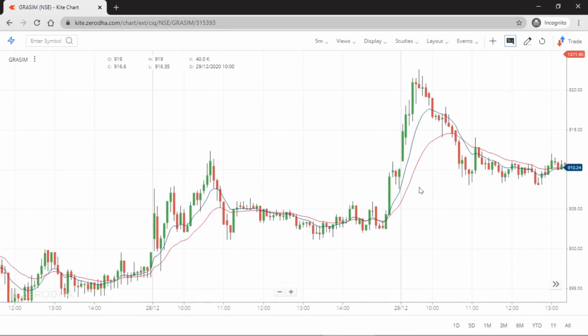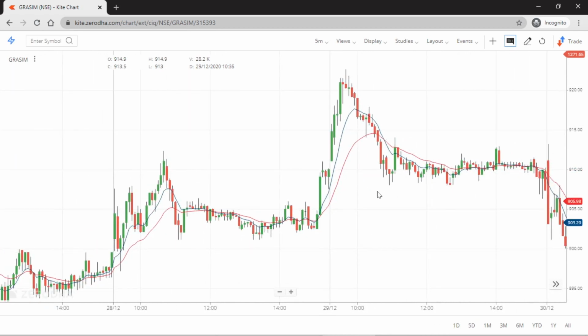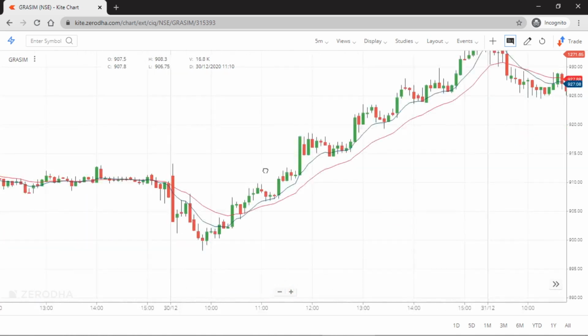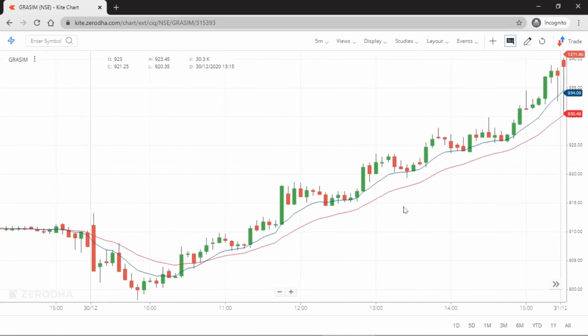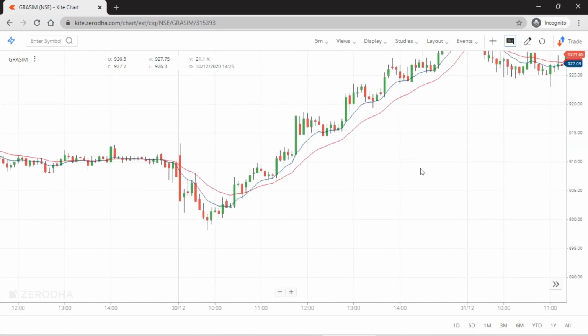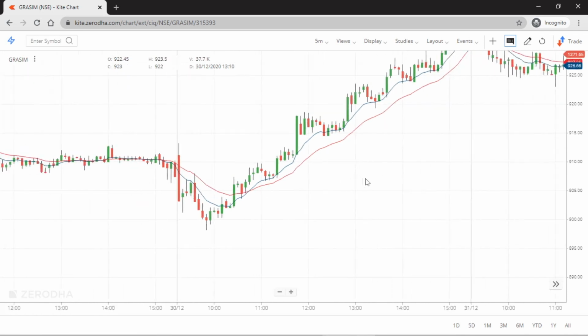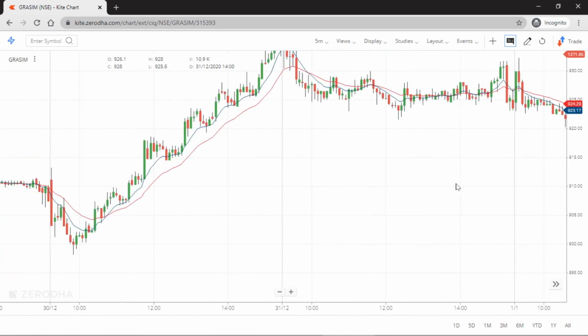Like here you can see this is a 5-minute candle, so that will define 5 minutes as a period, and this blue line is 9 days EMA, and this red line is 21 days EMA. So in this strategy, when a shorter term period EMA crosses above the longer term period EMA, that would give a buy signal or uptrend.